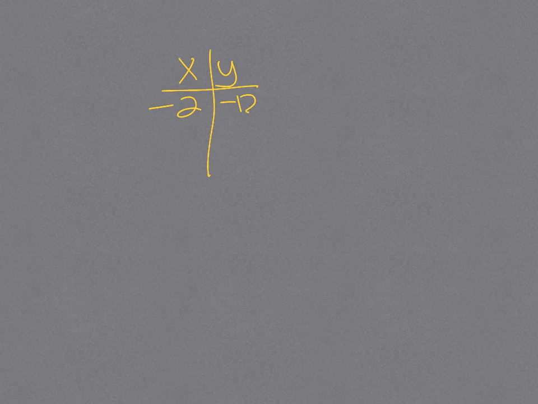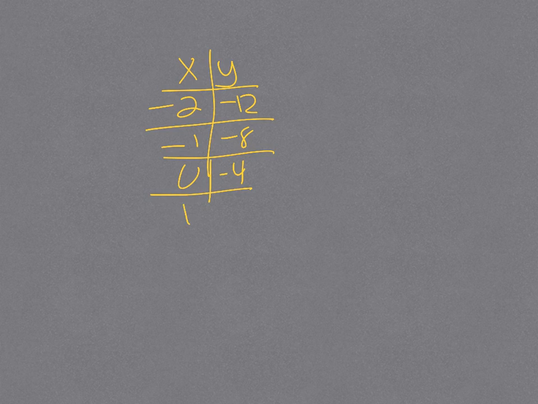All right, so let's look at number 3 on your notes. We have x and y, and we have -2, -12, -1, -8, 0, -4, 1, 0. Okay, over here we're adding 1.